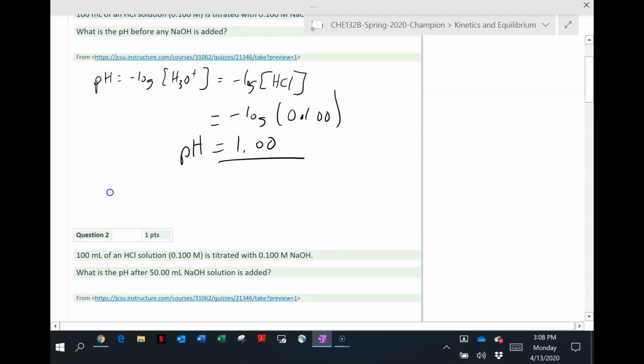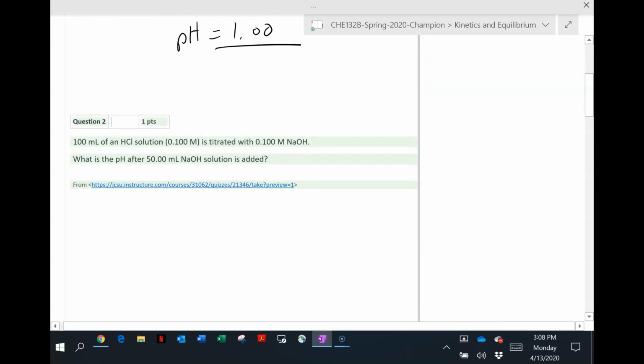Now, if we move on and look at the situation after we've added 50 milliliters of NaOH, we're going to have to do a little bit of an analysis here. So our reaction is HCl plus NaOH goes to water and sodium chloride, that's of course an aqueous solution, liquid water, aqueous NaOH, and aqueous HCl.